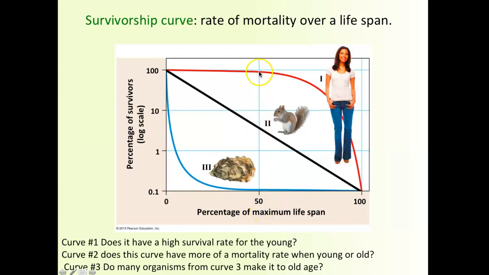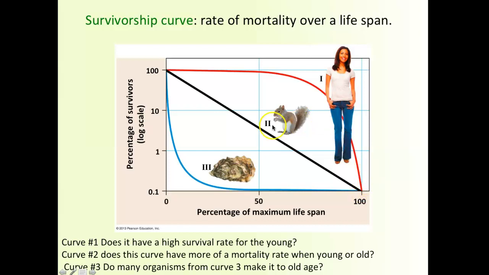At this point, we start to have a little bit of a curve going down, right? So as we approach 100% of our lifespan, the mortality rate, the chances of dying, actually goes up, but the survivorship curve is opposite, right? So how many survive? Well, it starts to go down, until nobody survives after 100% of their lifespan.